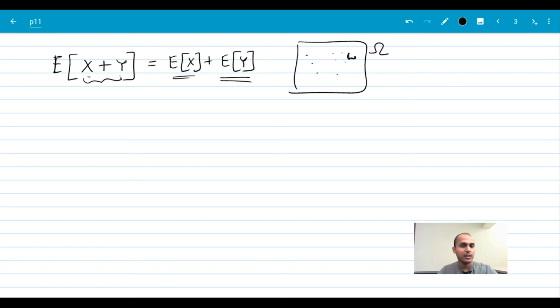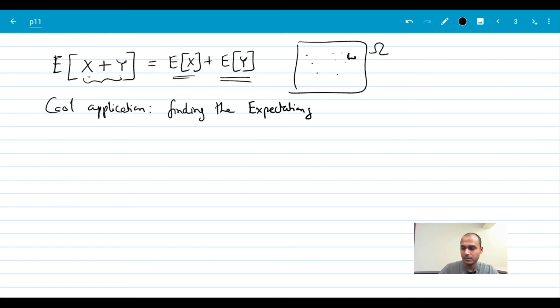A cool application of this is to finding the expectation of the binomial random variable. So what is the binomial random variable? Let me use X again. It's easy to describe in terms of its probability definition.